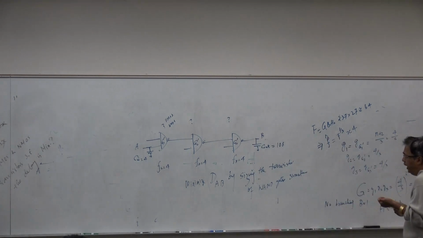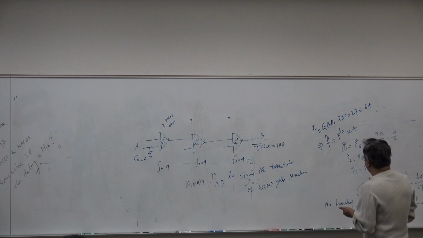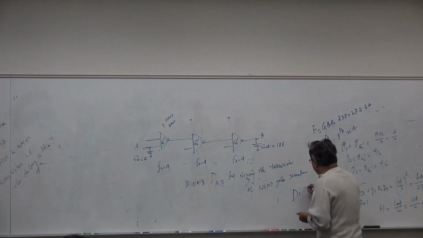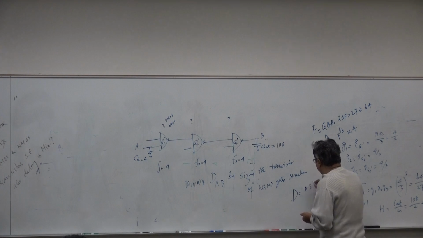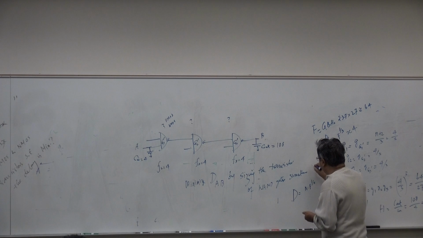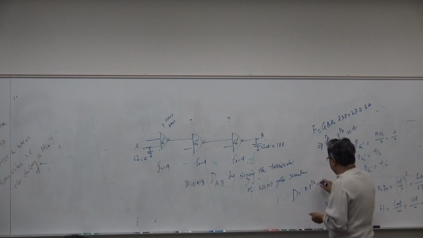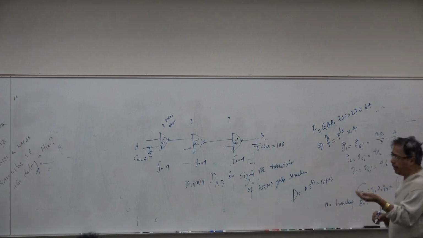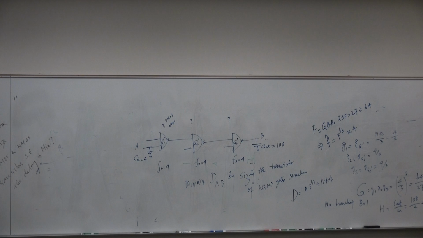So if I know this, I can calculate the value of D. D is equal to N multiplied by F to the power 1 by N, where N is the number of stages, plus P1, P2, P3, the parasitic delays of each of these gates.